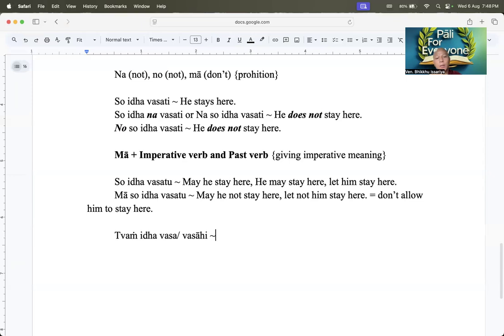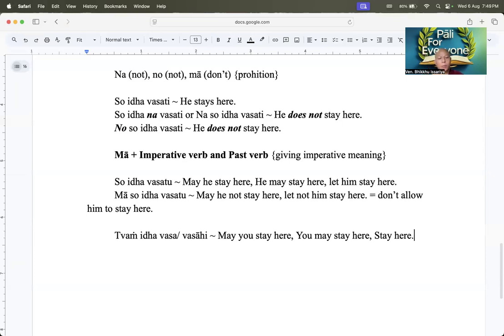The meaning of that one is, may you stay here, or you may stay here, or stay here, come here, stay here, like that.